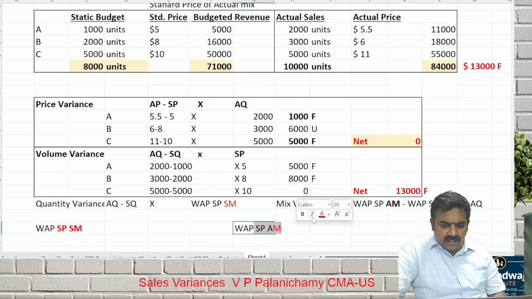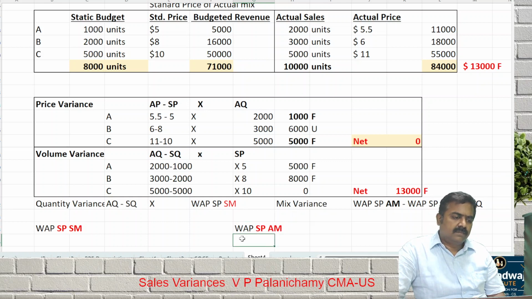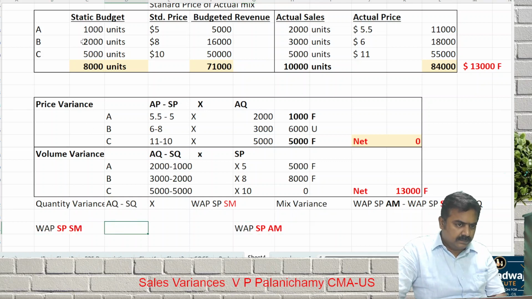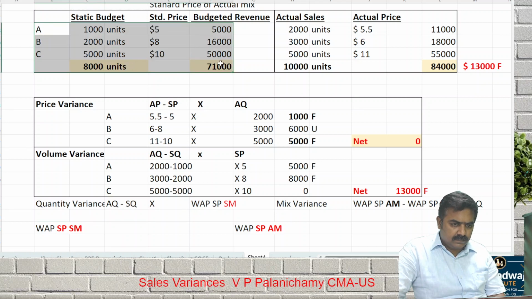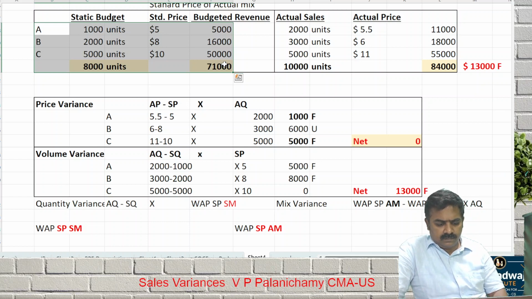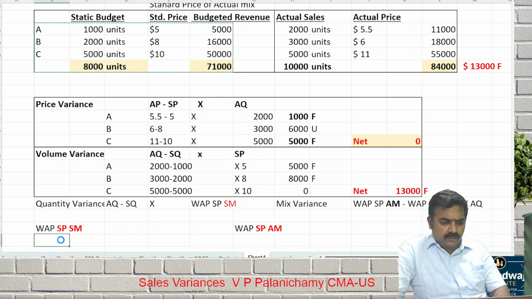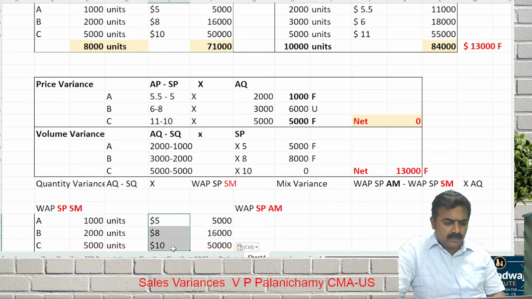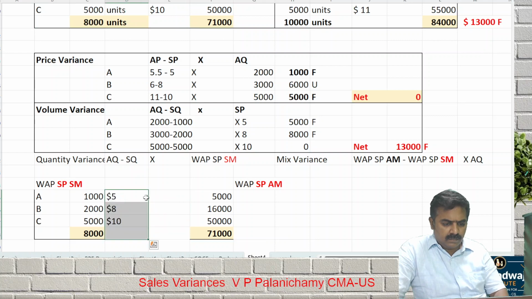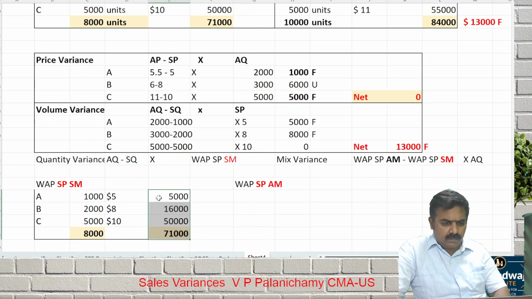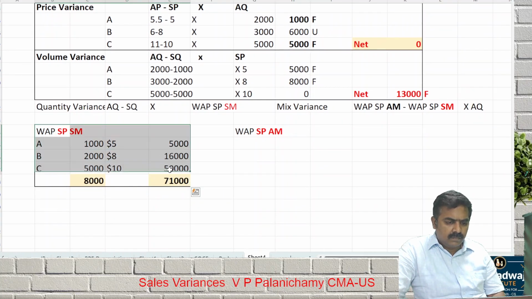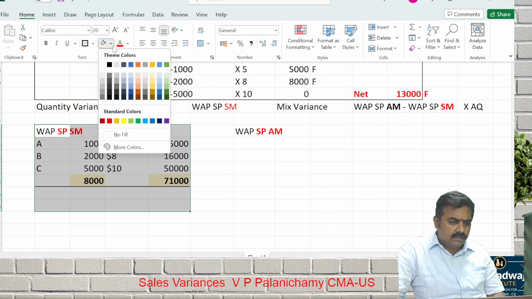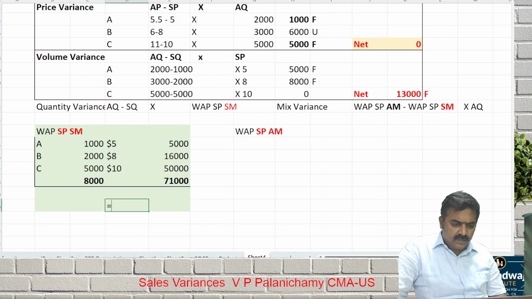Weighted average standard price of actual mix. $71,000 divided by 8,000.